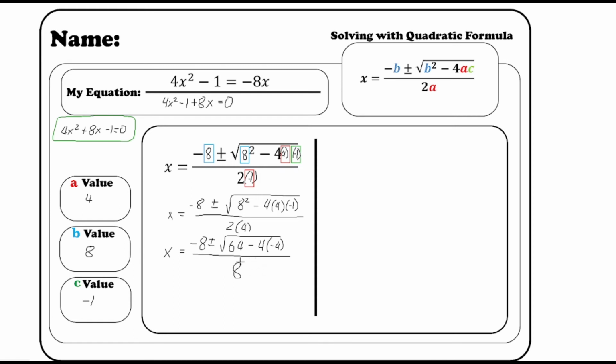So, 8 na yung ating denominator. So, continuing, negative 8 plus minus the square root of 64 minus negative 16, or plus 16, all over 8. So, x equals negative 8 plus minus square root of 80 all over 8.